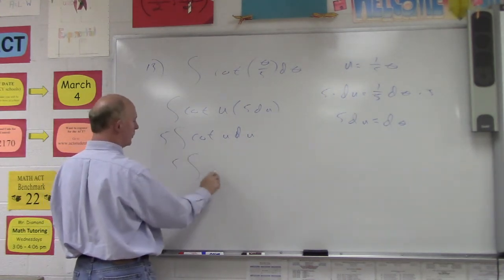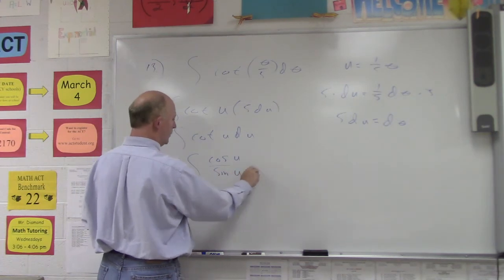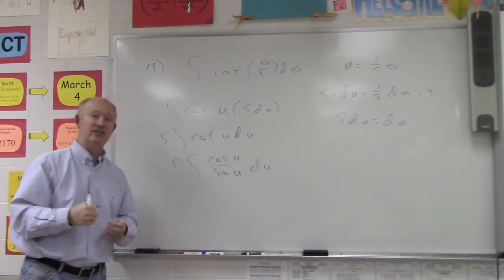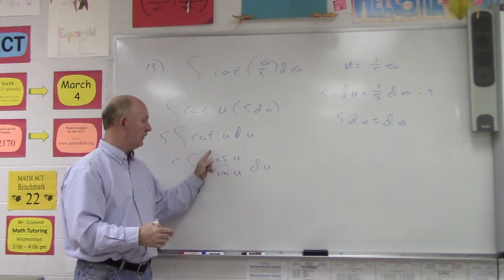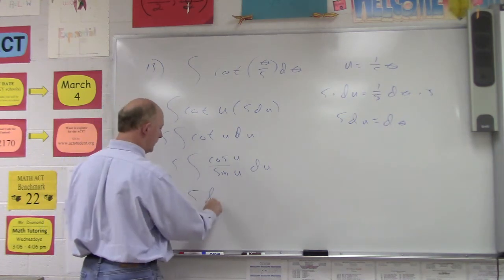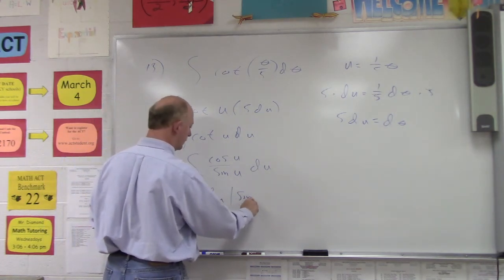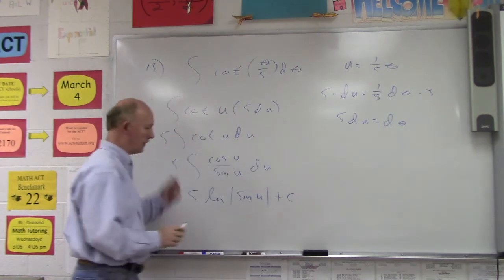This will be 5 times the integral of cosine u over sine u, du. Everything is still in terms of u. And now you can see that the derivative of sine is cosine. That's my natural log relationship here. So I have 5 natural log, absolute value of sine u, plus our constant of integration.